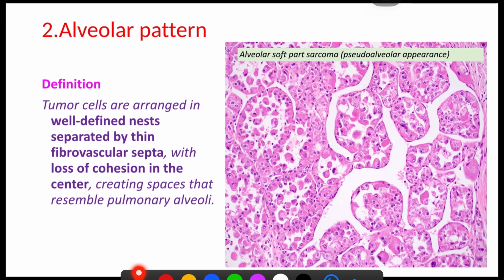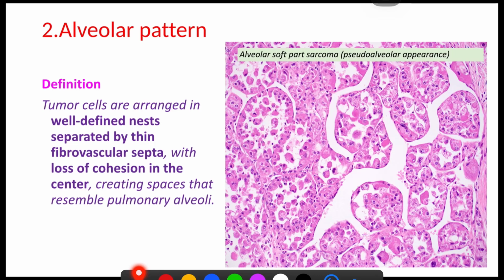So on the boundary you can identify cells are adherent to the border, but the central portion shows discohesion, which creates a space formation. So it resembles normal lung alveoli where you can identify the alveolar lining and air filled spaces in the lung.